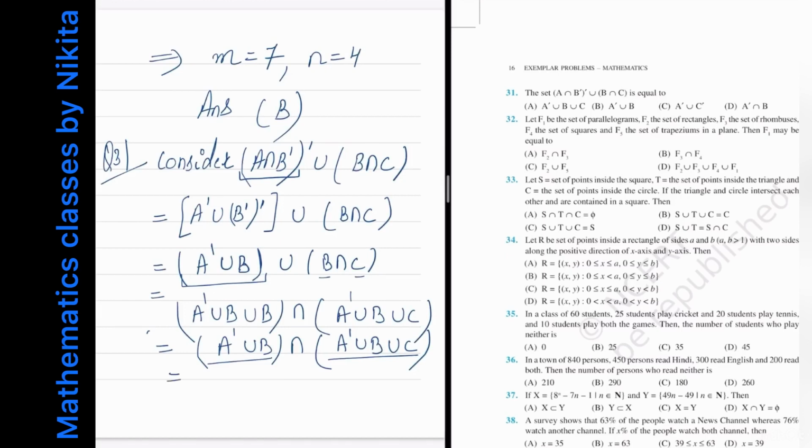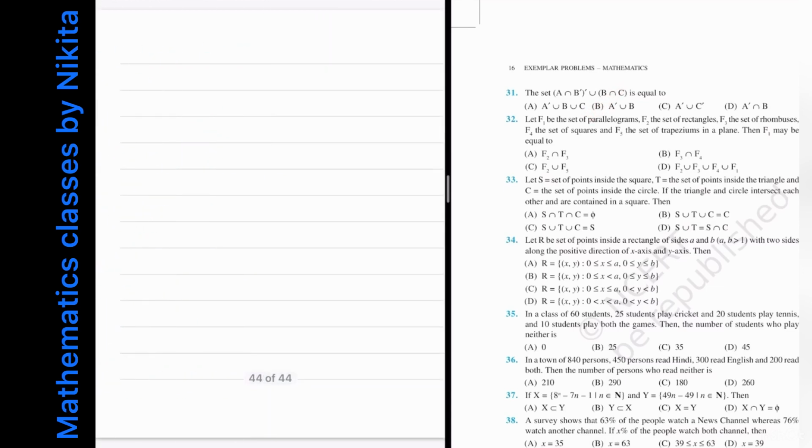If I consider this set as A, so this is A intersection with A union B. So you will get A, right or wrong? So this will be A complement union B. So the answer is this. Is there the option? Yes. So question number 31, answer is B.